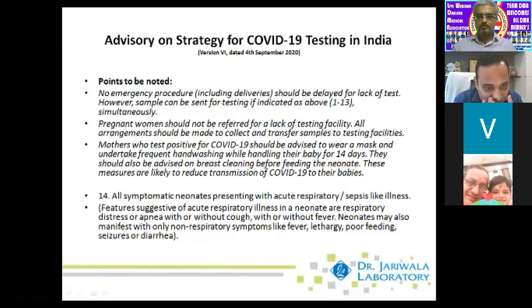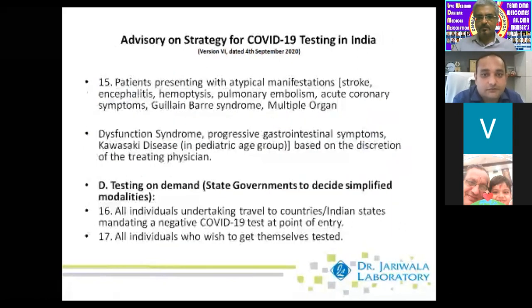In newborns, any patient presenting with acute respiratory illness or sepsis needs to be subjected to RT-PCR and then managed further without waiting for the result. Next, please. Again, atypical manifestations like stroke and encephalitis, all these individuals have to be subjected to RT-PCR.